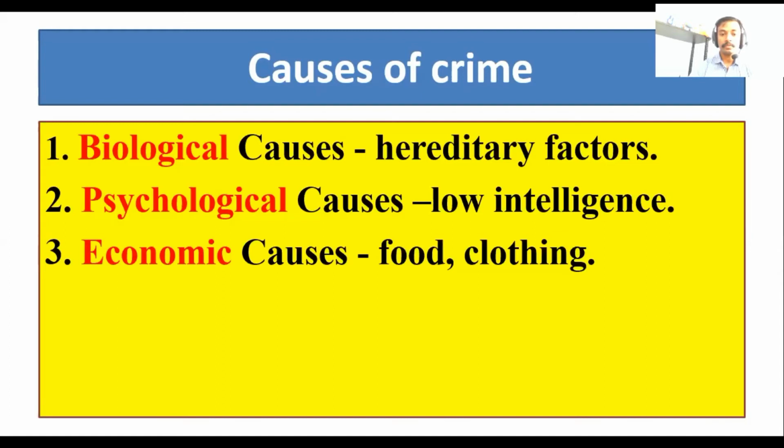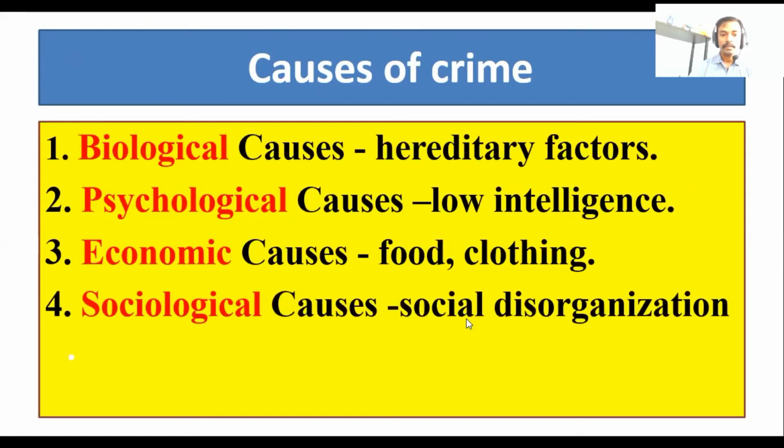So this is one of the important causes in India. There is no food, no cloth, so a person tries to steal to fulfill their basic needs. Then sociological causes: social disorganization, social disabilities, as well as civil disabilities.